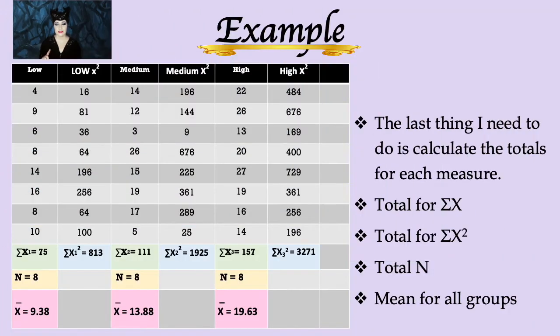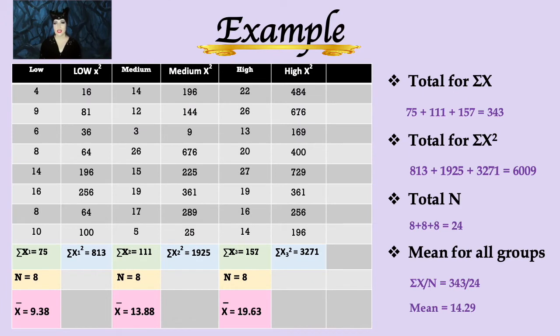So there's one more piece of information that we need to calculate, and that is the totals for all of these values. So we need to find the total sum of x, the total sum of x squared, the total n, and the total mean for all of the groups. So if I add up 75 plus 111 plus 157, that's going to give me the total sum of x. If I add up the total sum of x squared for the low, medium, and high squared groups, I'm going to get 6,009.